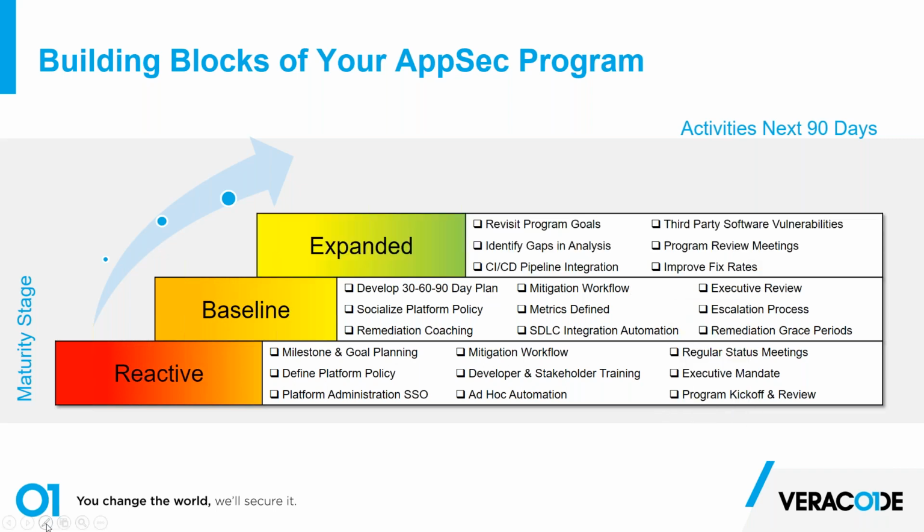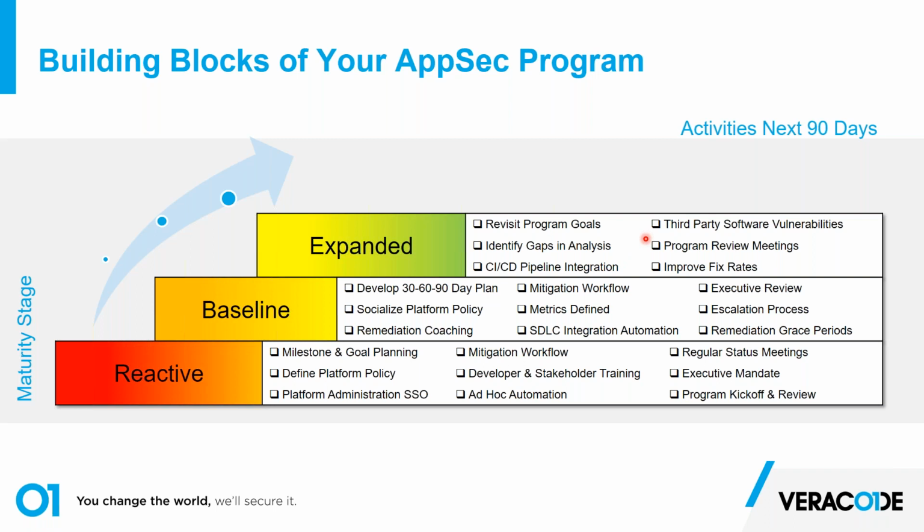On the expanded approach here, we're really looking to address the gaps in the program. So you've got something that is established, you've got a track record, you've got some successes, perhaps some lessons learned, and you've got a clear idea of where the gaps are, not only in your analysis types.